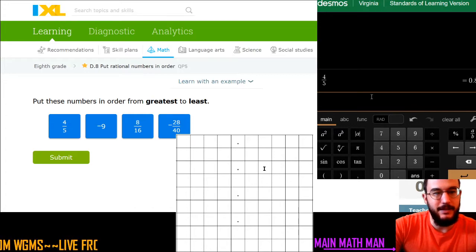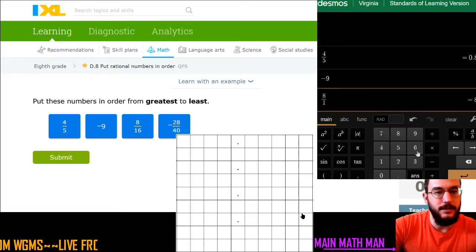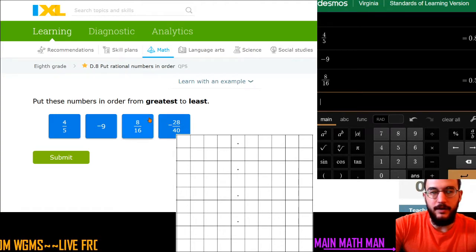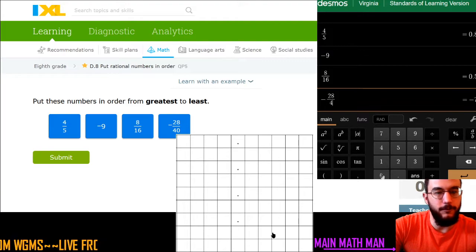Now I have -9, that's already in decimal form, so we can just leave it like that. We have 8 over 16, that's going to be 0.5, and last, again, they're not always in order, but we can see what comes out of it. We have negative 28 over 40.